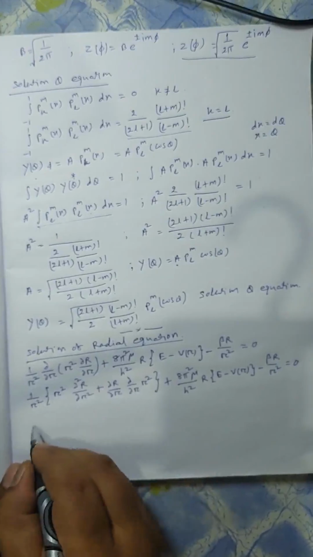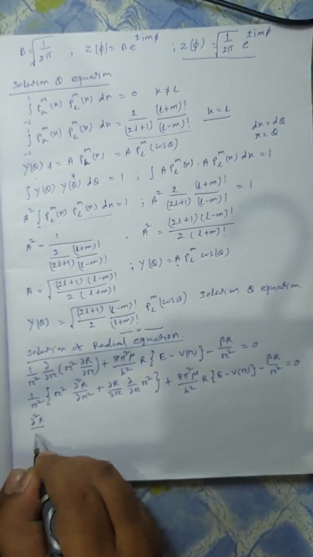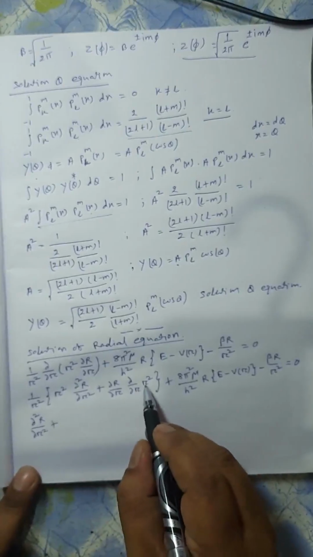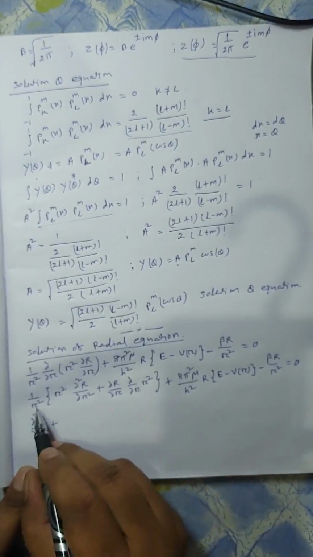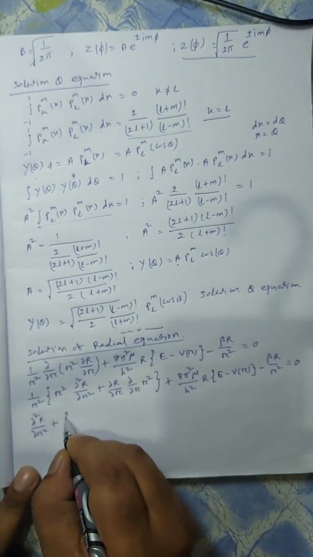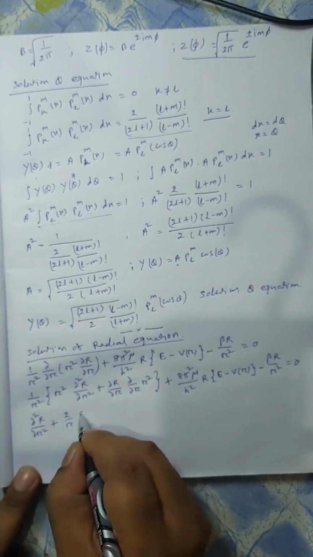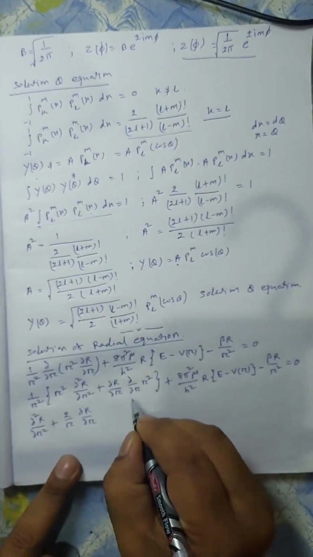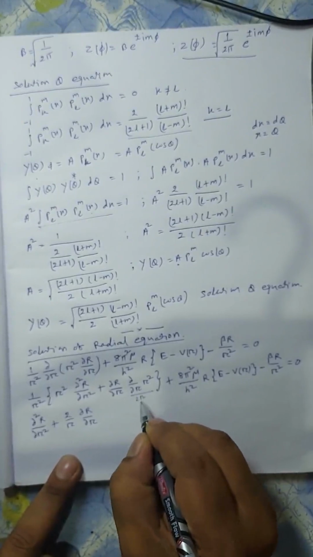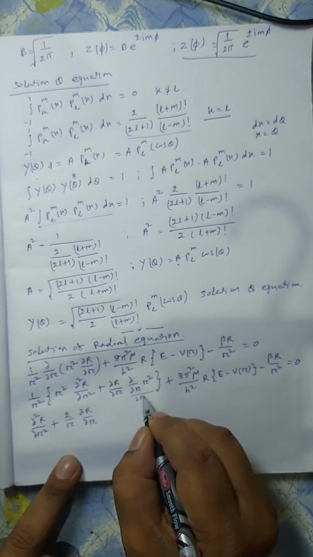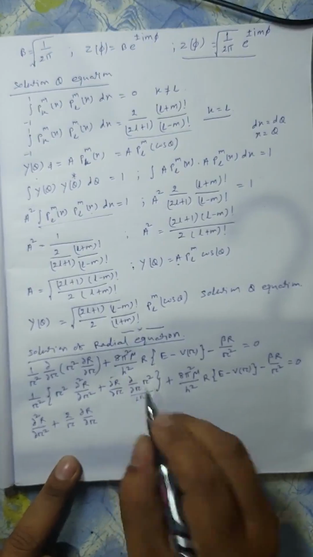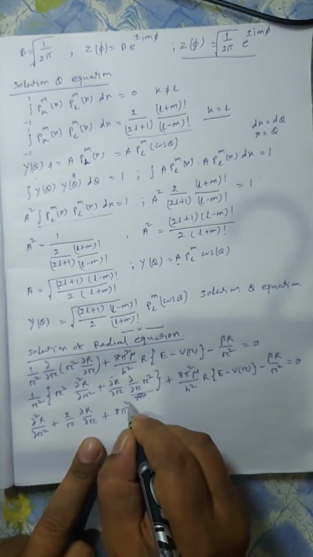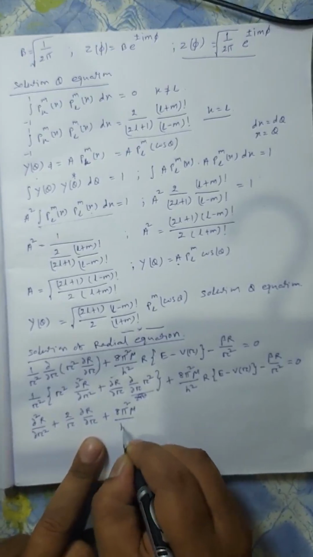R square cancels. What remains is dou square r by dou r square plus, the derivative of r square is 2r, multiplied by 1 by r square, the r cancels, so 2 by r dou r by dou r remains, plus 8 pi square mu by h square.